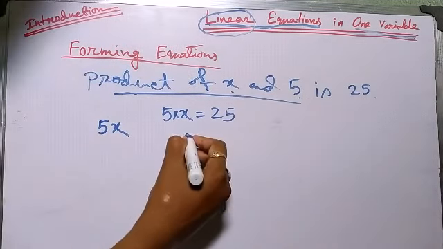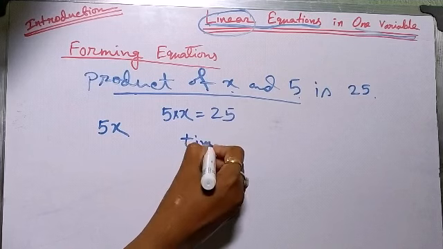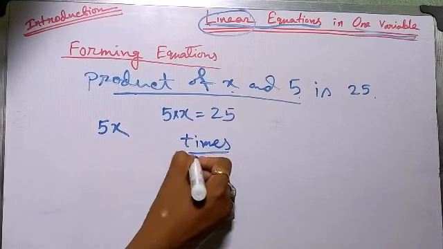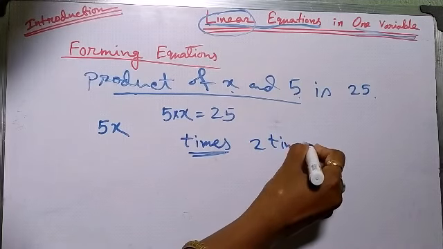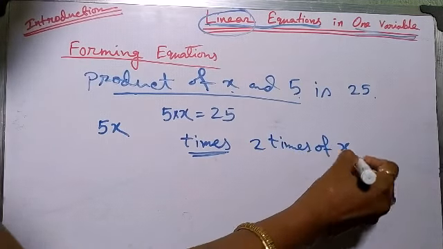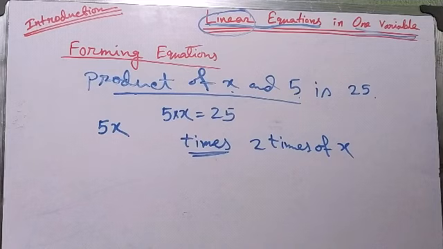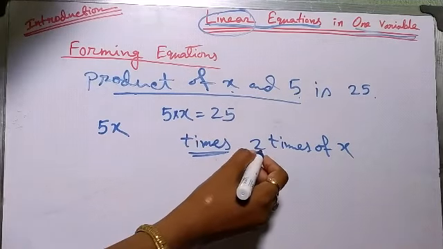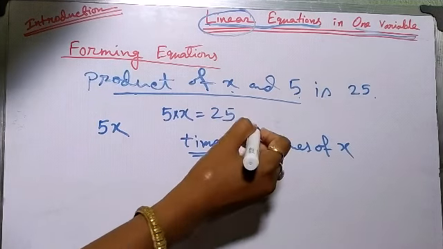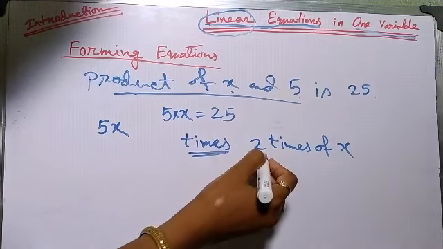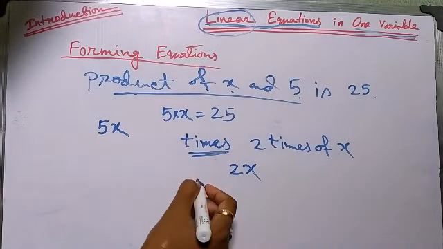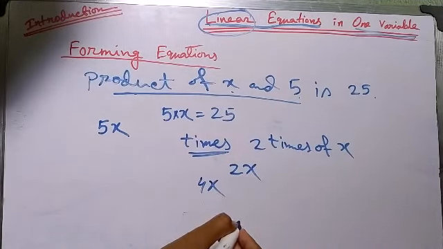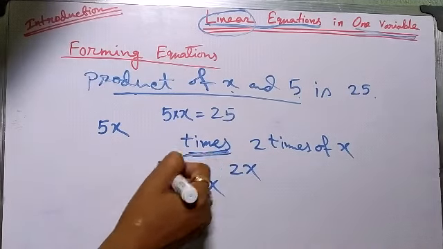Suppose here another word is used. Suppose times. Times means, 2 times of x, that means it will be multiplied. 4 times of x, that means 4x. 2 times of x, that means 2x. So this times actually means multiplied.